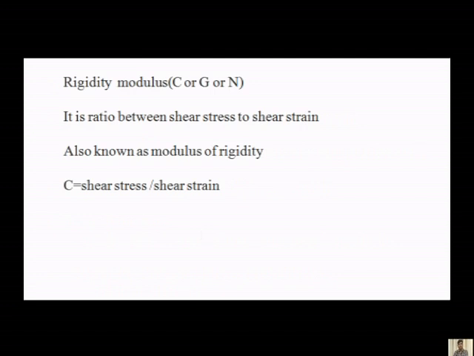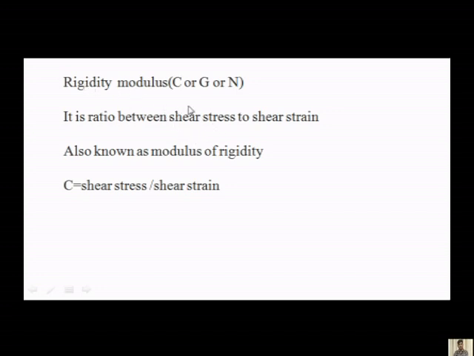Next, rigidity modulus. It is represented by C or G or N. It is the ratio between shear stress and shear strain. So again it obeys Hooke's law, stress by strain, but rigidity is always related only to shear values.